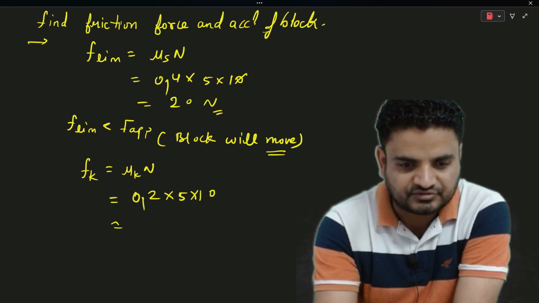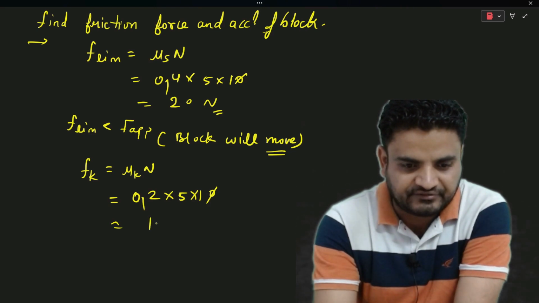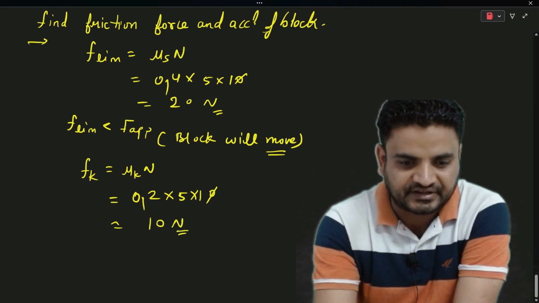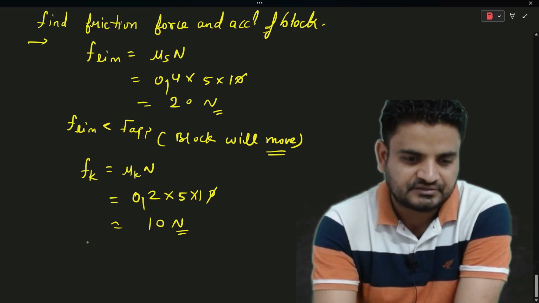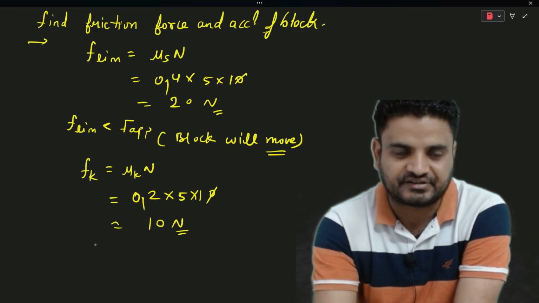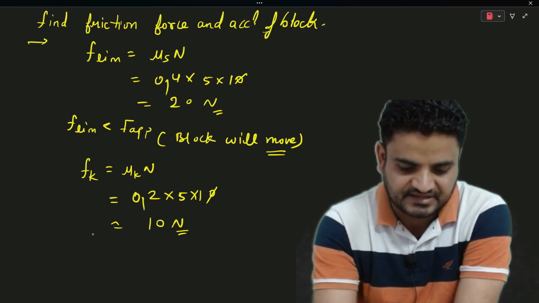So 2 5 is 10. So the kinetic friction acting is 10 Newton, and it is constant. See, kinetic friction is less than the static friction. Now we can find the acceleration.